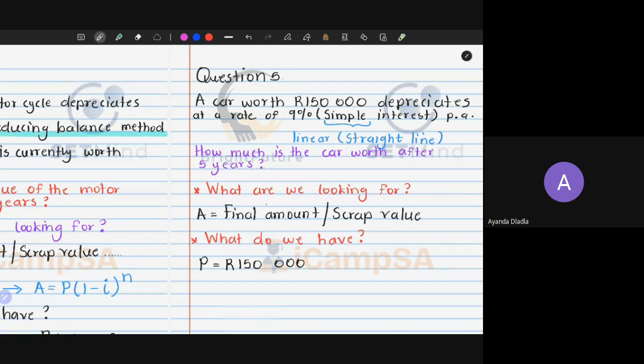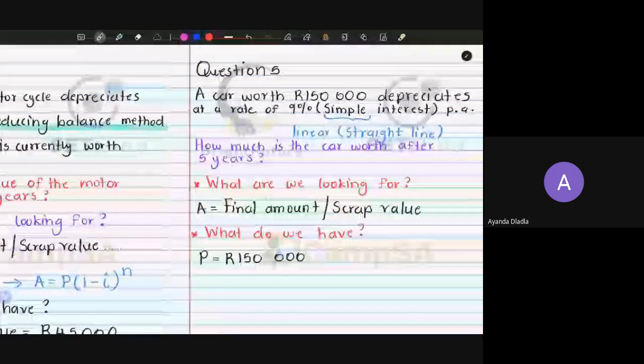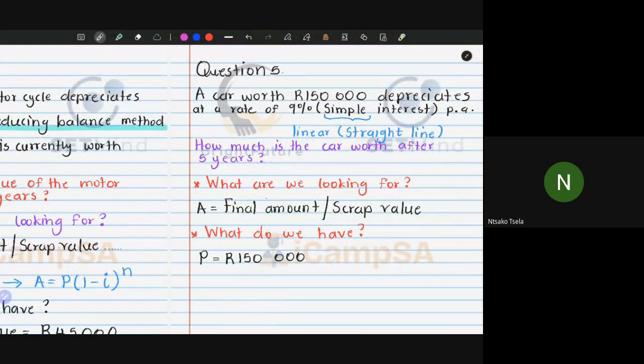On point. 150,000. I see a hand from Zako. You can go ahead. Do you have a question or you want to answer? I have a question, sir. Is present value the same as book value? Yes. Okay, sir.